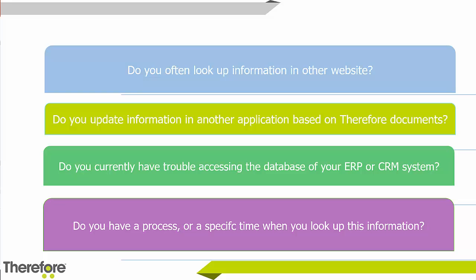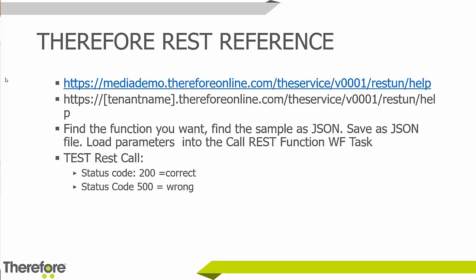And do you have a process or a specific time when you look up that information? The other really big question is, does the third-party application that you're working with have a REST interface? The two big ones are REST, and you might also see SOAP. If the API is SOAP-based, that's a different method of communication, and that will not work for this type of workflow task.